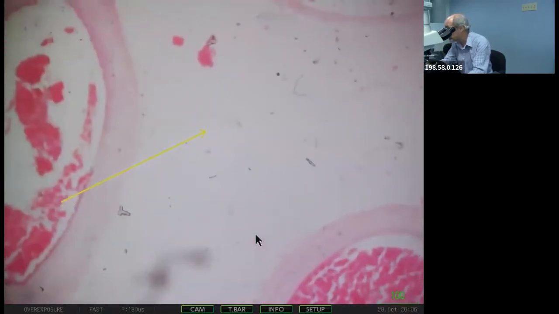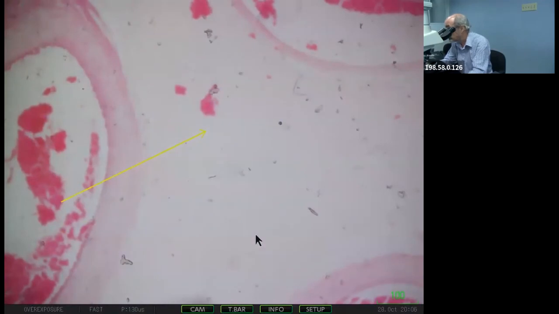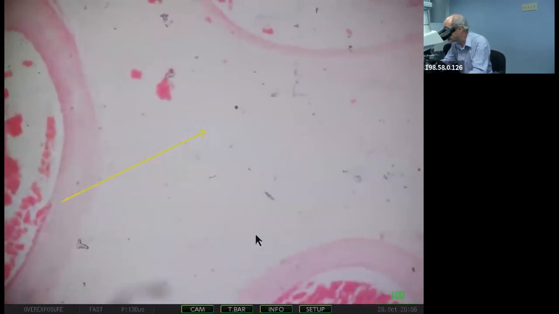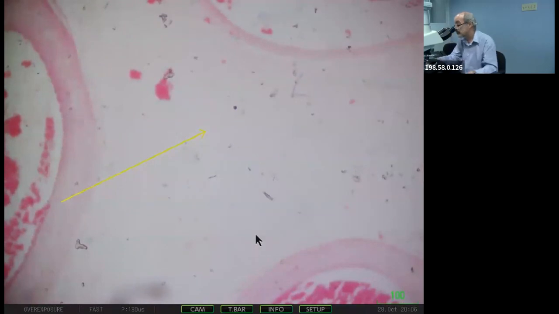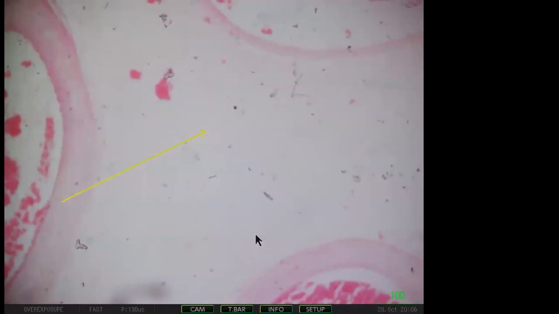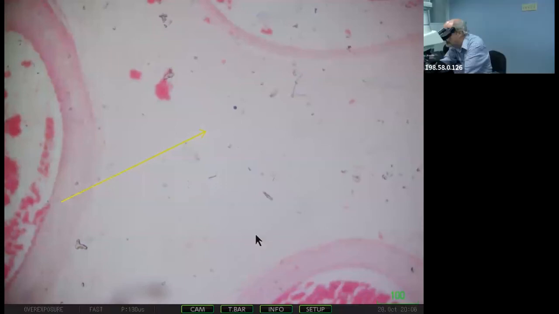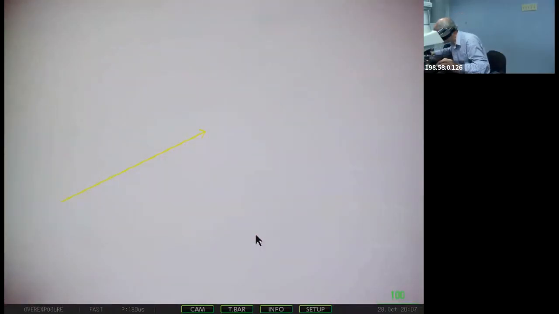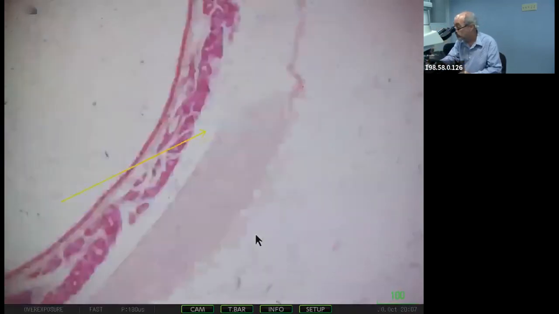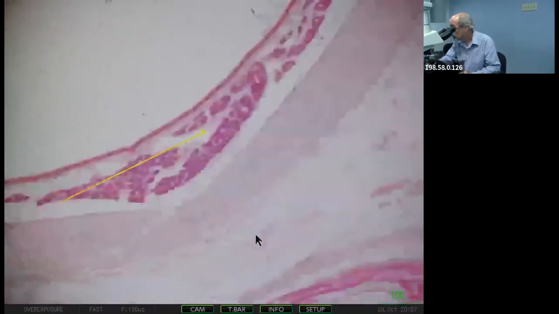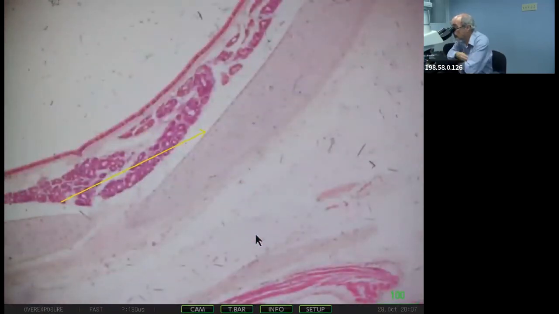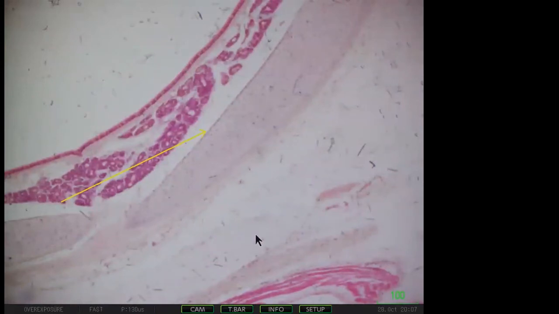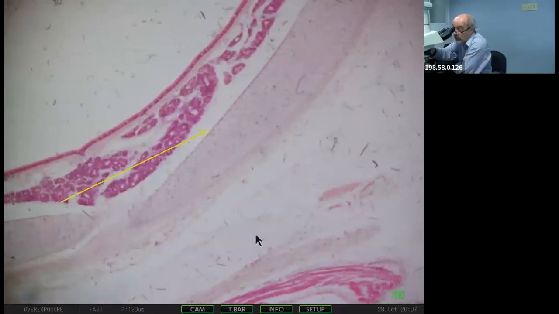If I show you that, what type of tissue is that? Embryonic connective tissue. Embryonic connective tissue, what organ? Umbilical cord. Umbilical cord, good. What organ is that? Trachea. Trachea.